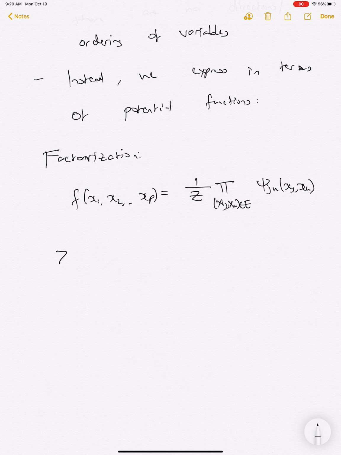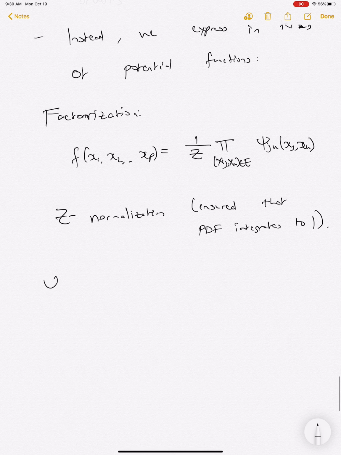So Z here is like a normalization. This ensures that the PDF integrates to 1. So remember that all PDFs have to integrate to 1. So psi jk of xj, xk is actually a potential function.